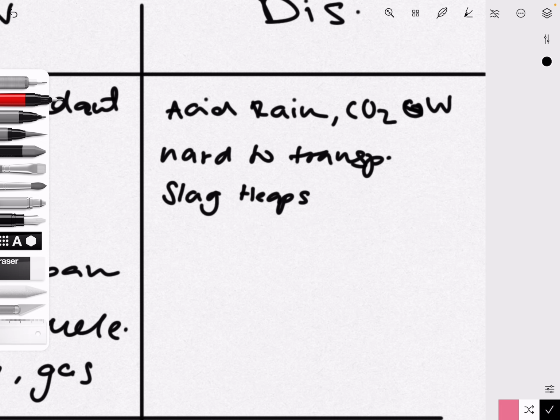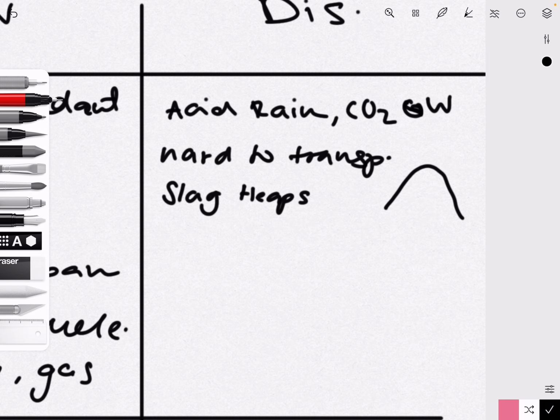Now, slag heaps refer to the waste or the leftover after coal undergoes combustion, which is often disposed of as just mountains upon mountains upon mountains of slag. And these will be massive. These do not easily decompose over time. And obviously this kind of pollution is not the best for the environment because it's not easy to dispose.